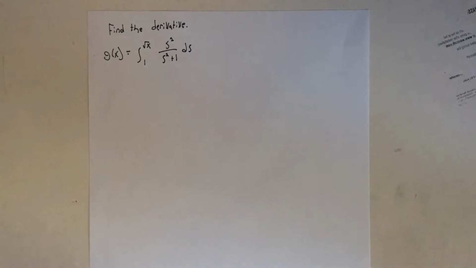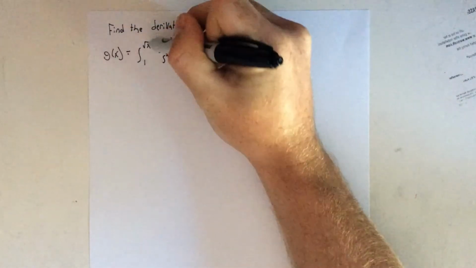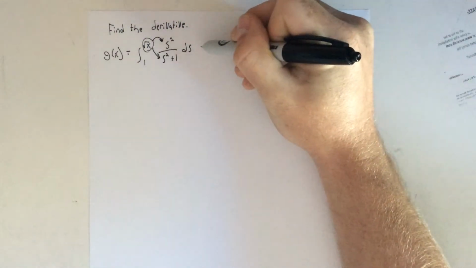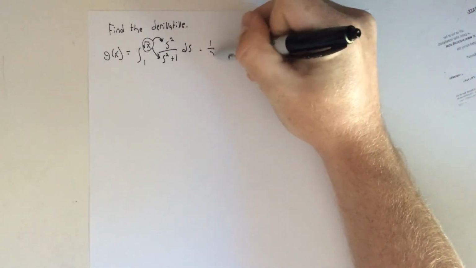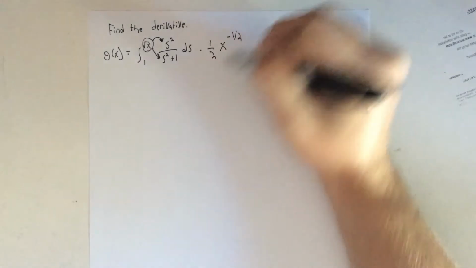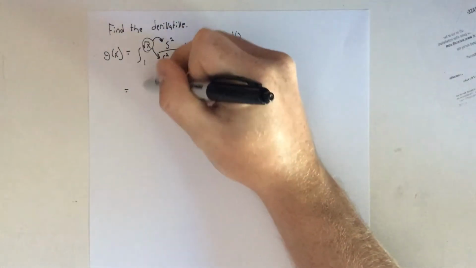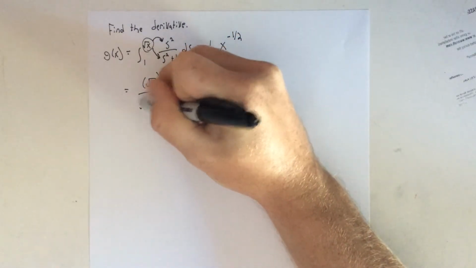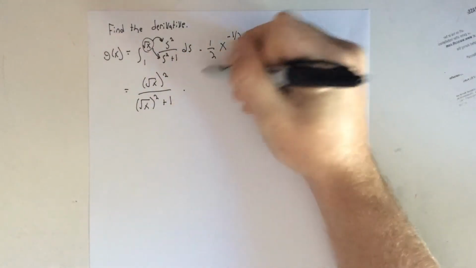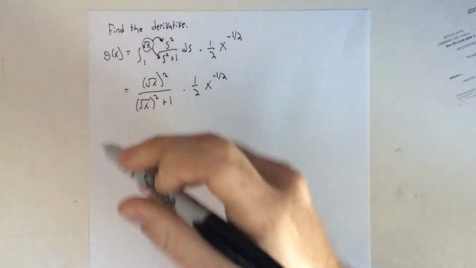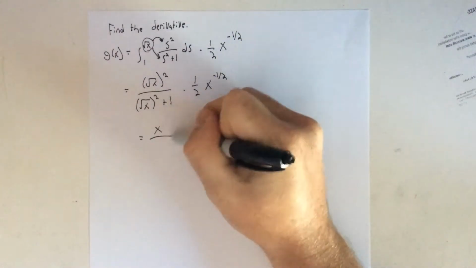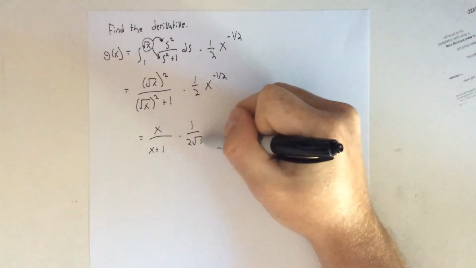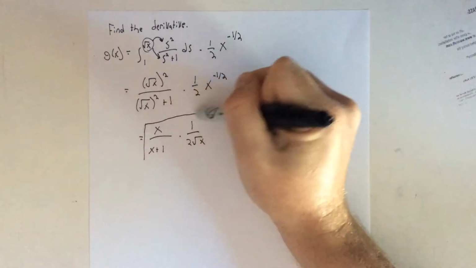So let's do this problem. We're essentially plugging in this, but then multiplying by 1/2 x to the negative 1/2, which is equal to root x squared over root x squared plus 1 times 1/2 x to the negative 1/2, which then is equal to just x over x plus 1 times 1 over 2 root x, which for me, that's simplified enough.